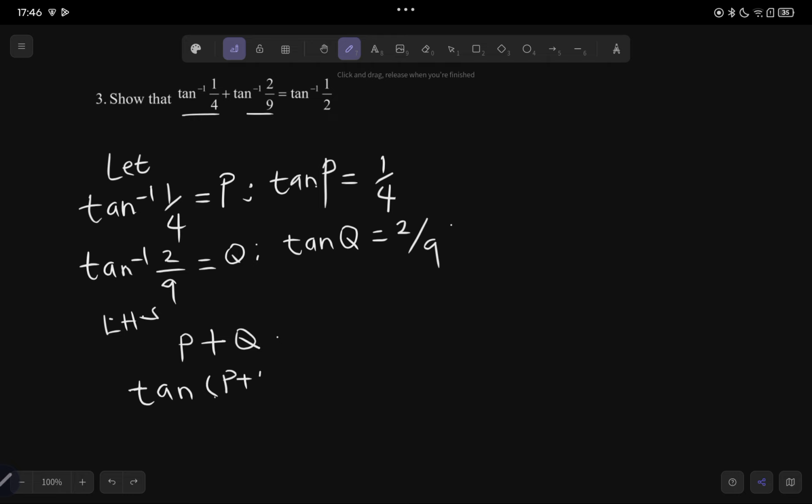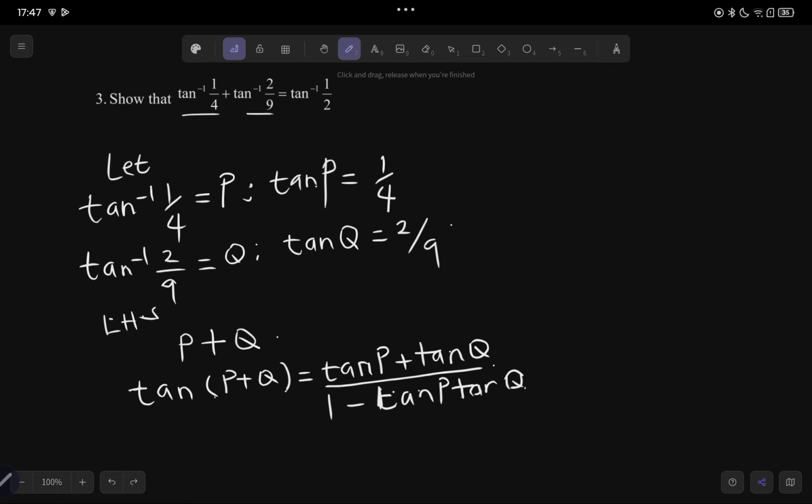Tan of P plus Q, you shall have tan P plus tan Q out of 1 minus tan P tan Q. Now, when we substitute in the values, tan P is a quarter, tan Q is 2 out of 9, then 1 minus a quarter times 2 over 9.